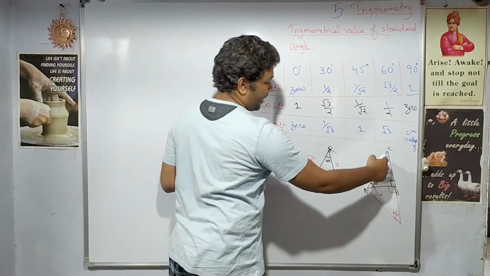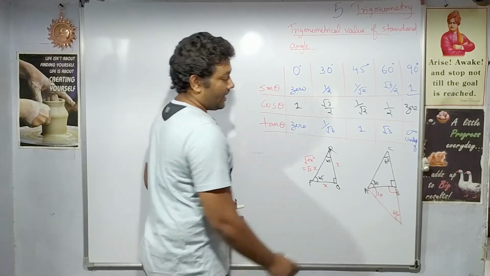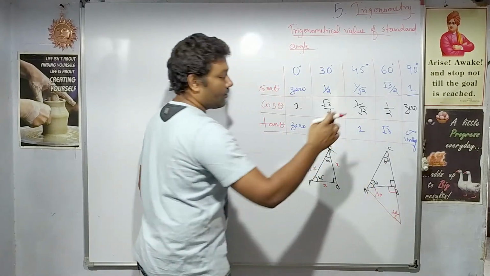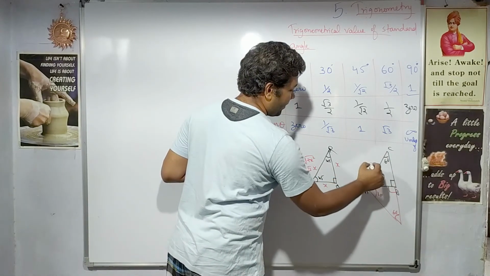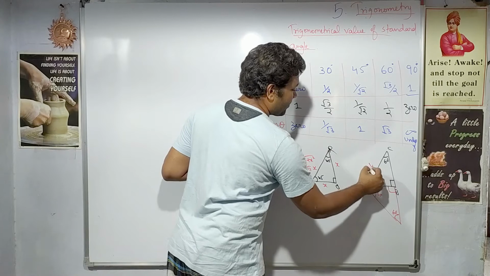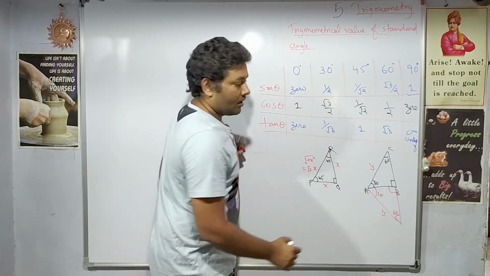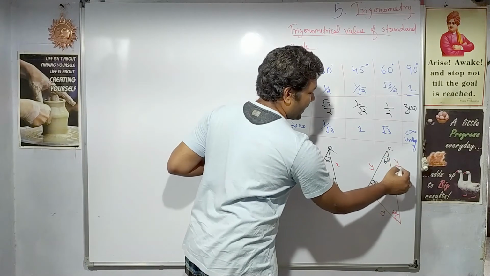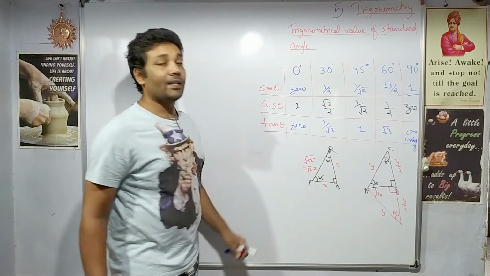So now this has again become 60, 60, and 60 degree. So it has become an equilateral triangle. Let us say this side is y. This side will also be y. What will be the value of this side? y by 2, y by 2, or you can write the complete side is y.